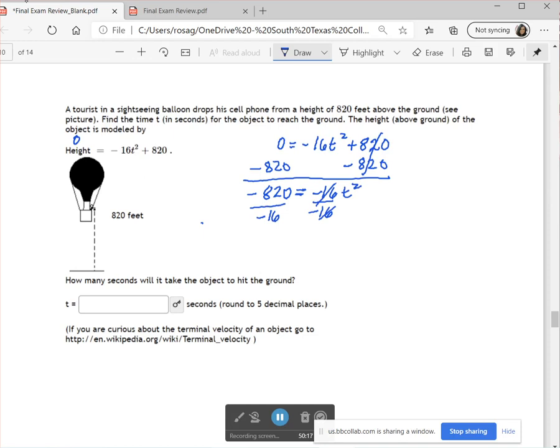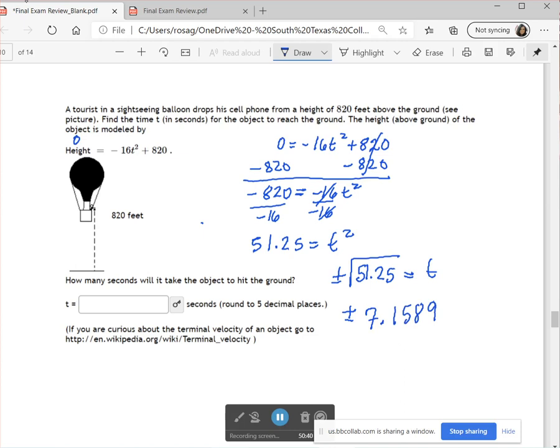So when I do this, I get 51.25. And then I'm just going to do plus minus the square root of that number. And I get 7.1589.